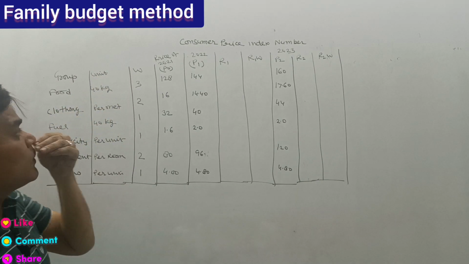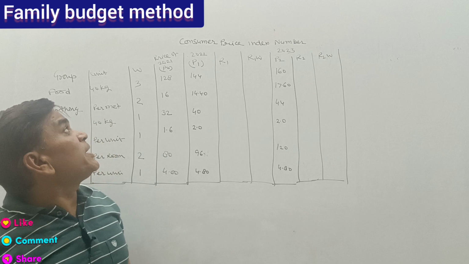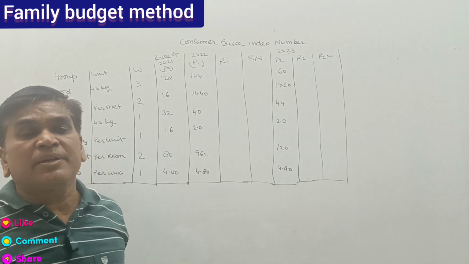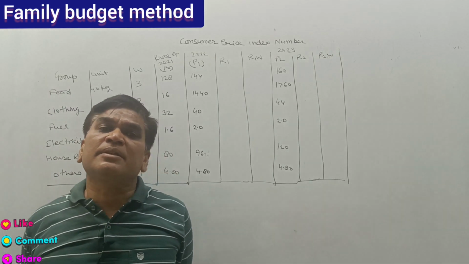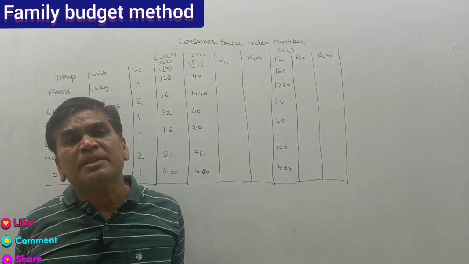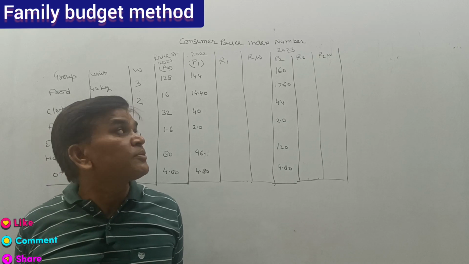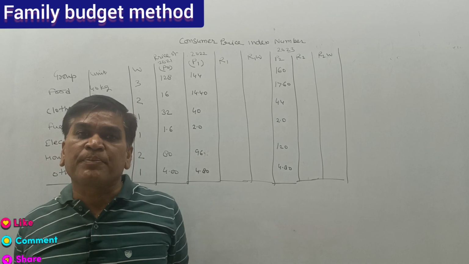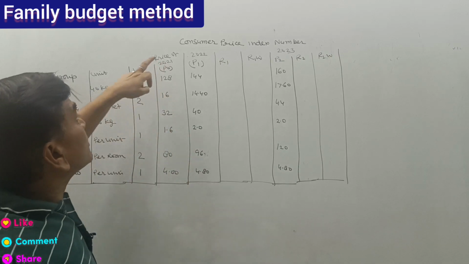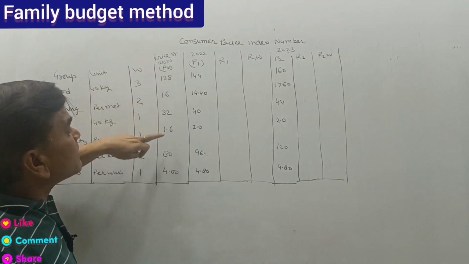The weights are 3, 2, 1, 1, 2, 1. With the help of the base year, that is 2021, calculate the family budget index number for 2022 and 2023. It means the price of 2021 is the base year price.